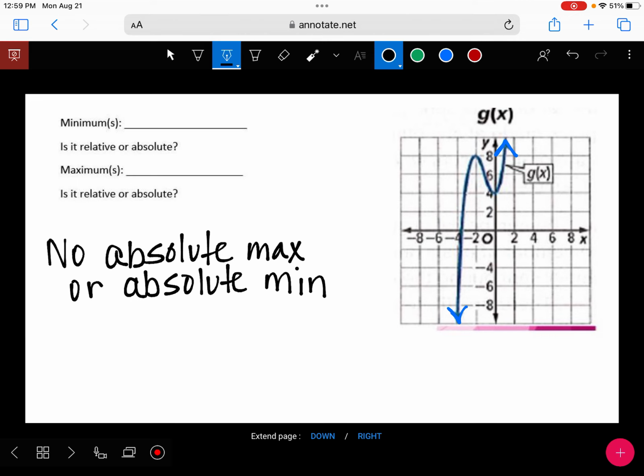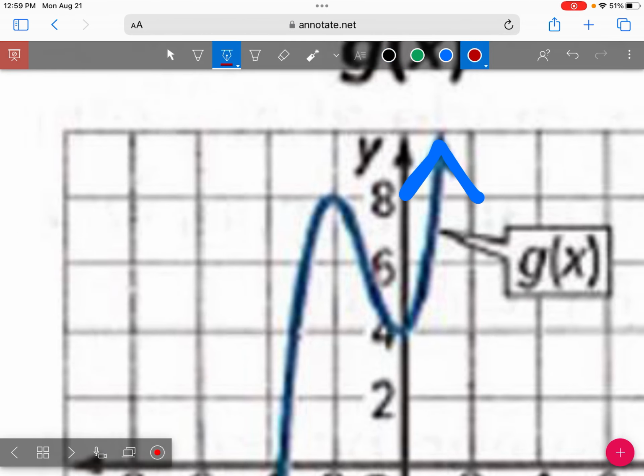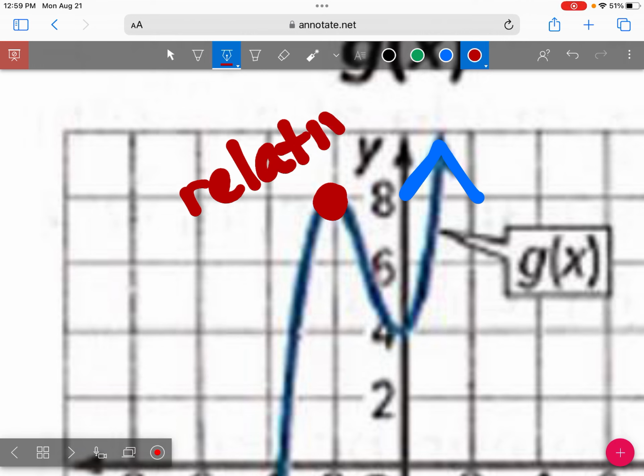But when you look at it, do you notice that there is a place where you have like a mountaintop? And let me go ahead and zoom in. This is like a peak. Go ahead and put a point right there. That's a relative max. Now, it's not the highest point, but it is a peak in the graph.